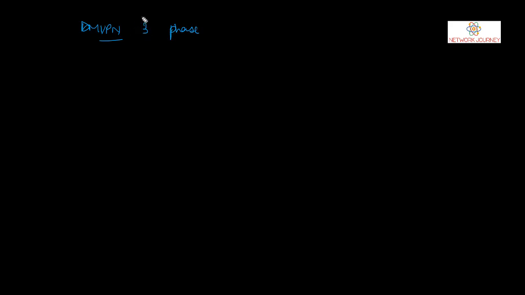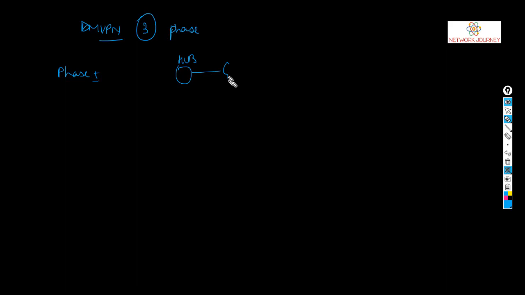So there are three different phases and each phase works differently than the other. Okay, so let's say in the case of phase 1, I have a hub connecting to ISP, I have spoke 1 and spoke 2.